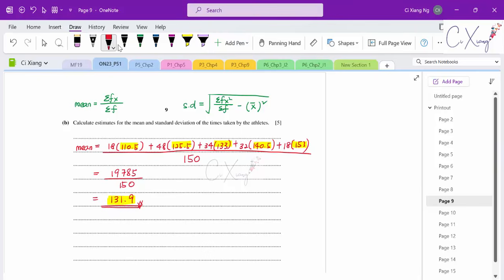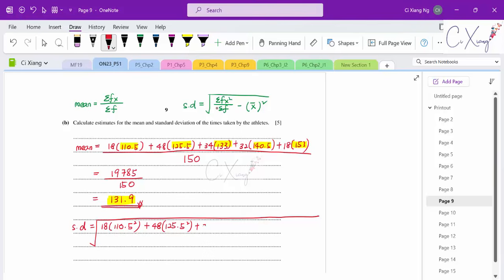And now we want to continue for the standard deviation. Alright, so for standard deviation again, basically the steps look almost the same. The formula is here, summation of fx squared. What does it mean? It means that you have to take the frequency, multiply with the square of x, so 110.5 squared. And then you add it for the next class, 48 multiply with the midpoint squared.